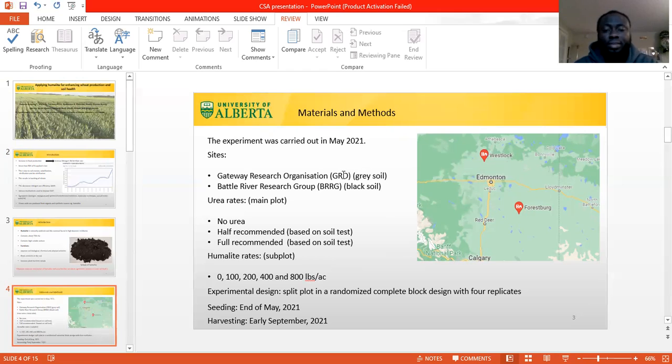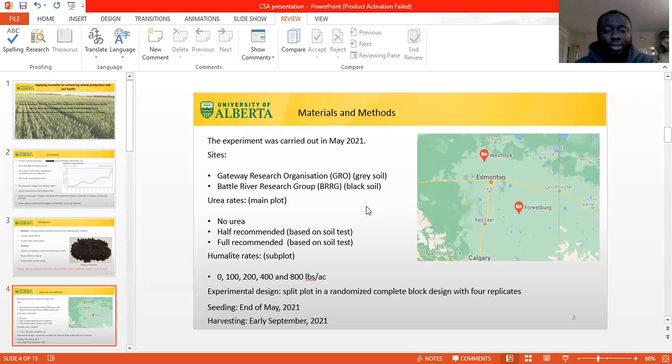I'll refer to it as GROW in my subsequent delivery. We also have the Battle River Research Group, and I'll refer to it as BRG in my subsequent delivery. And it is found in the northeastern part of Edmonton.